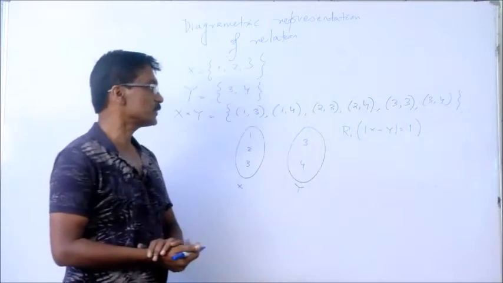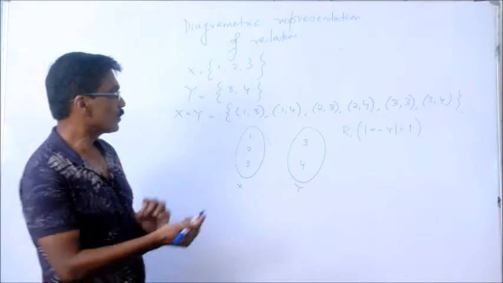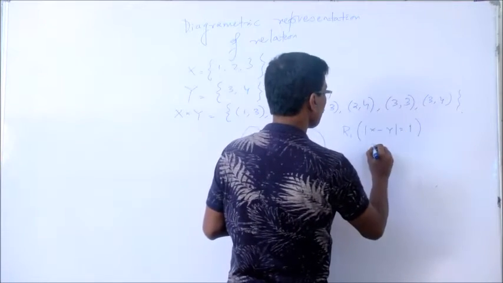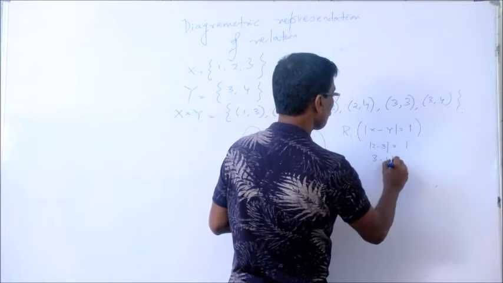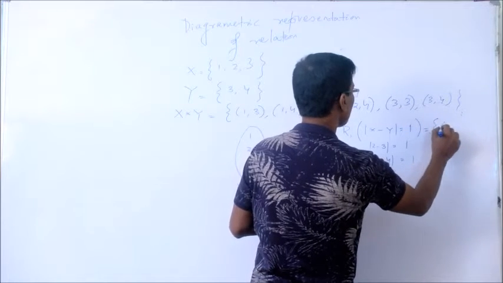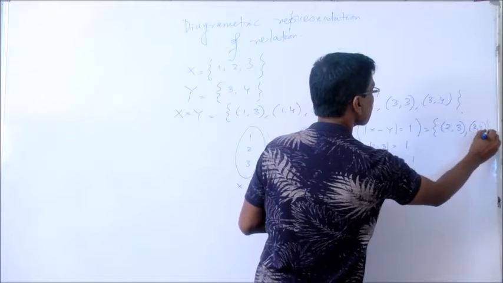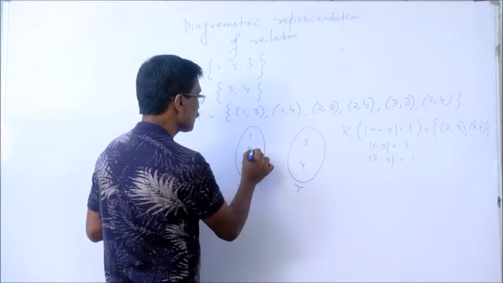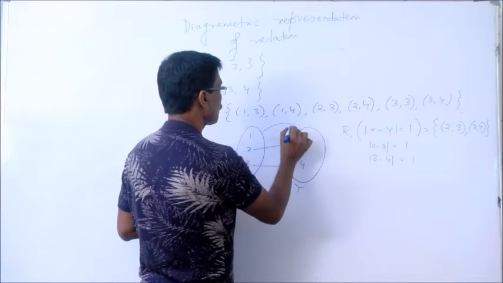So, that means the modulus of the difference between X and Y is 1. Out of these, |2 minus 3| is equal to 1 and |3 minus 4| is equal to 1. So, these are the two elements, obviously (2,3) and (3,4). So, we can represent it like this: (2,3) and (3,4). So, this is the relation R1.